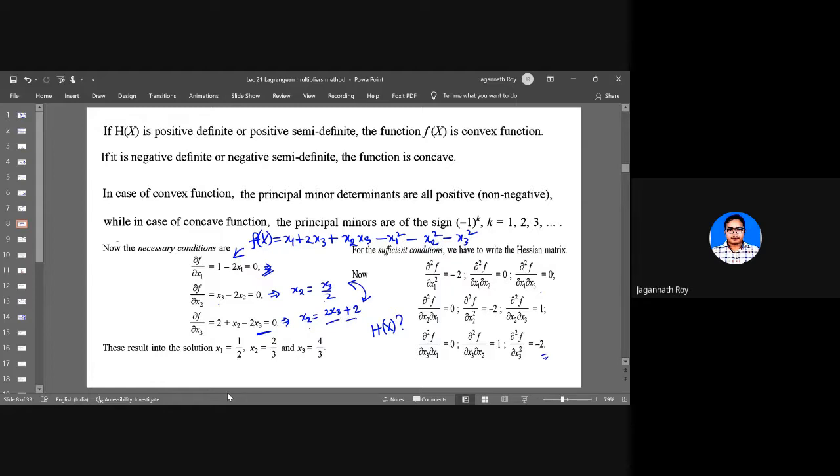So we equate these two equations and then solve. After solving, we can find our stationary point. Okay, so x star is actually 1 by 2, 2 by 3, and 4 by 3. So this is our stationary point.